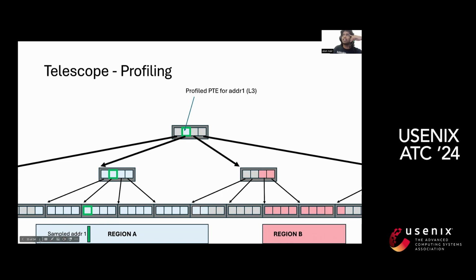Now, consider the case if another address was sampled over here, then the highest page table entry would be at this lowest level itself, because the level higher than that does not fall completely within the region boundaries. Similarly, if we pick another address for sampling, then its highest page table entry corresponding to this address will be at the second level, as we see.